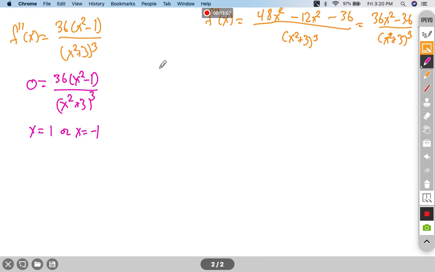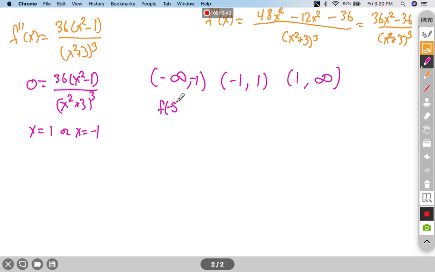So we come along and set up our intervals: negative infinity to negative 1, negative 1 to positive 1, positive 1 to infinity. And we have to look at the second derivative and see is it positive or negative at each one of those. We're going to do what we did with the first derivative.